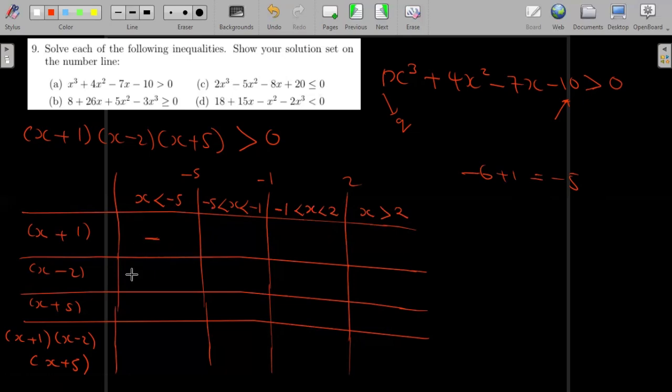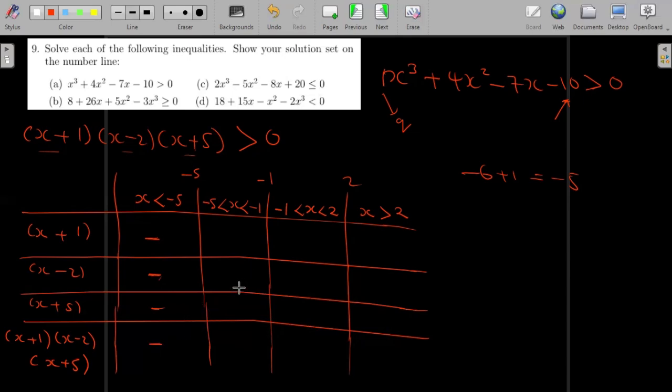You do the same for the next ones, and you still have a negative sign. Then you multiply these 3 signs, and that's your value here. Negative by negative gives positive, positive by negative gives negative. So you get negative here.